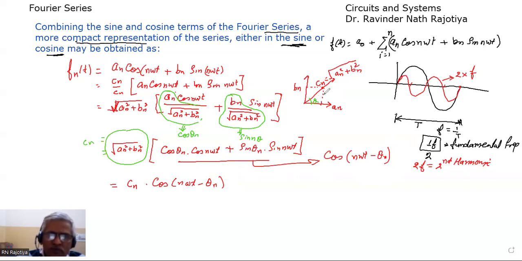So from these two, where I know what this Cn is equal to. The Cn is equal to nothing but the square root of an square plus bn square, and this theta n is equal to tan inverse of bn upon an.